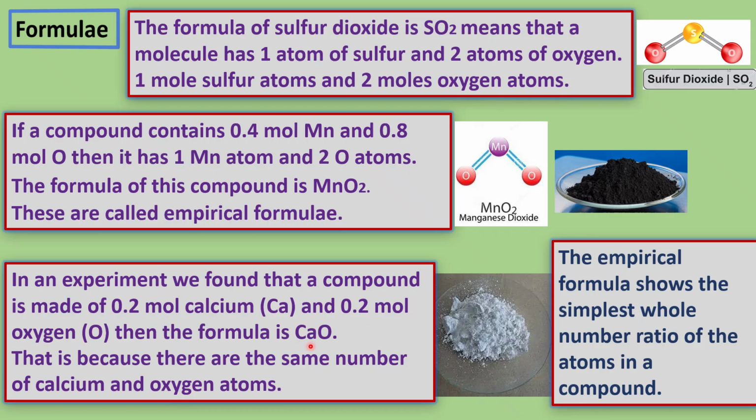This formula, CaO, is called the empirical formula. It shows the simplest whole number ratio of the atoms in a compound. The ratio here is 1 to 1, and the ratio here in manganese dioxide is 1 to 2. So the empirical formula shows the simplest whole number ratio of the atoms in a compound.